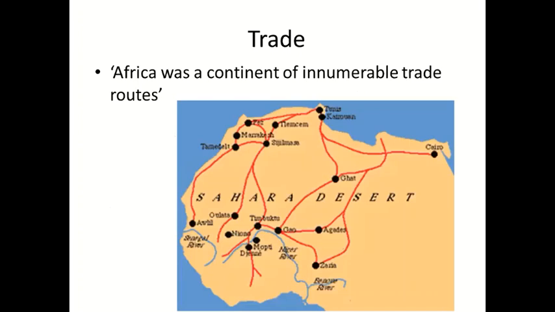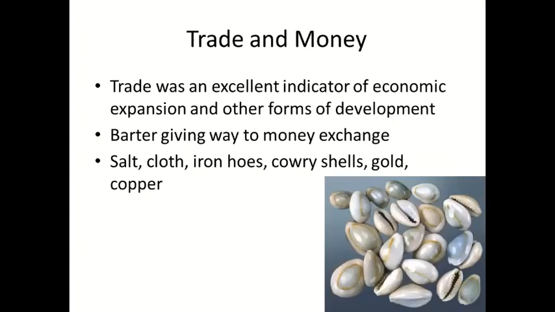Of course, another way of looking at development is trade, and Africa was a continent of innumerable trade routes. Trade is an excellent indicator of economic expansion and other forms of development. And of course, traditional African economies were often subsistence economies, but at the same time, the majority of African communities traded to fulfill their needs.